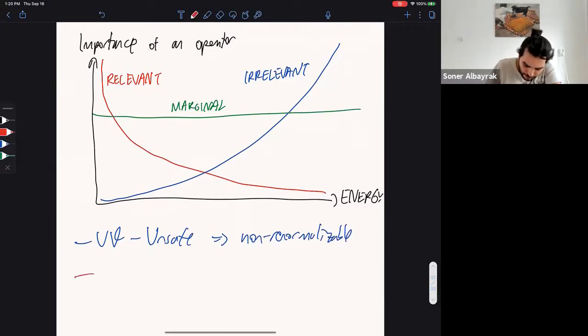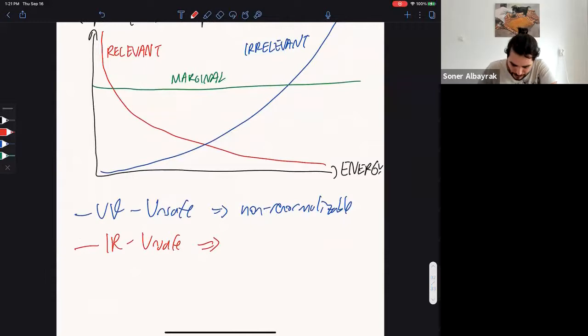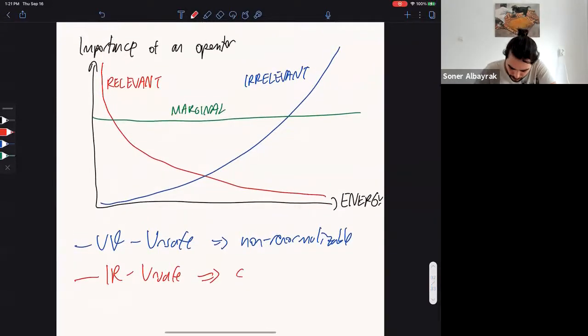Having a relevant term means it's IR unsafe, in the sense that your theory will become strongly coupled. Like QCD, for example. We don't know how to deal with QCD at low energies because it has this relevant operator. So it's probably confined.